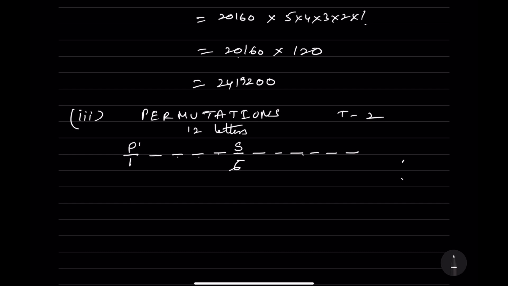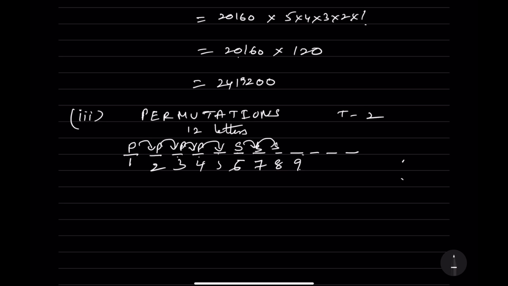So if P is in the second place, S will go to the 7th place. Then if P is going into the 3rd place, S will go into the 8th place. Then if P is in the 4th place, S goes to 9.